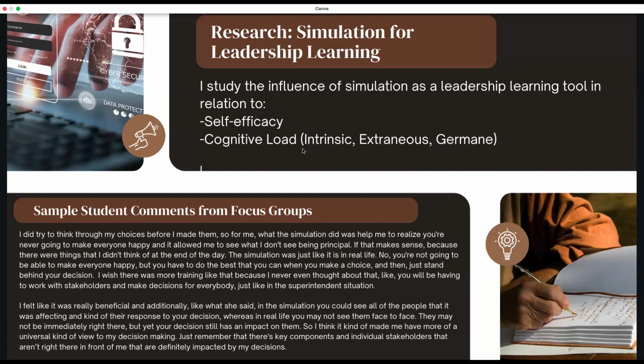And then when it comes to cognitive load, looking at intrinsic, extraneous, and germane loads that we have seen with the school sims, because that was one thing that I am really passionate about in looking at leadership learning as my research agenda, because we go back to why school leaders are leaving.